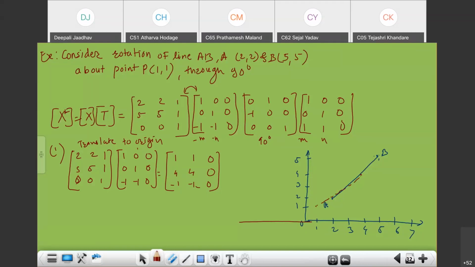Now the second step. This result multiply with the rotation matrix: 0 1 0, minus 1 0 0, 0 0 1 for 90 degrees. That is rotation. The result is minus 1 1.